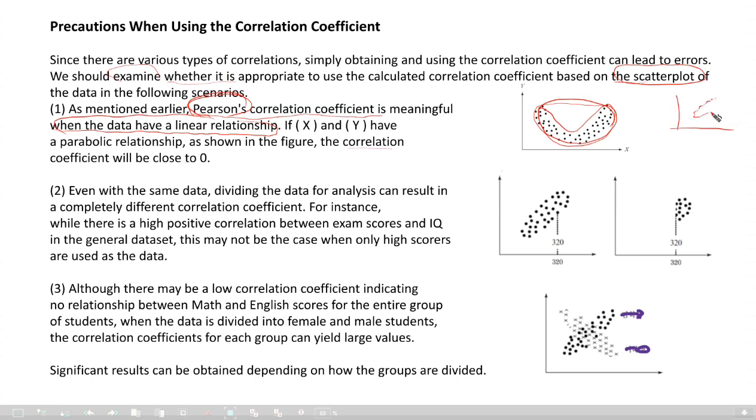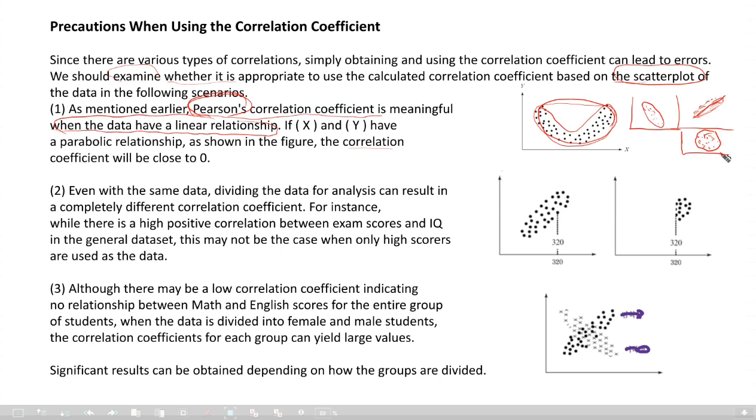Data something like this, then the correlation coefficient is close to 1. Data like this, then the correlation coefficient is close to -1. If data is something like this, then the correlation coefficient is close to 0.